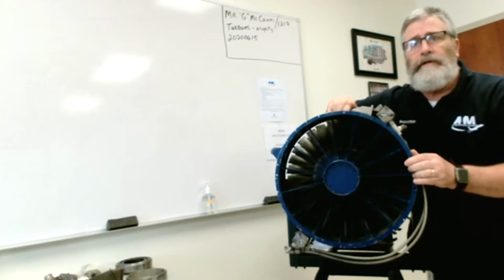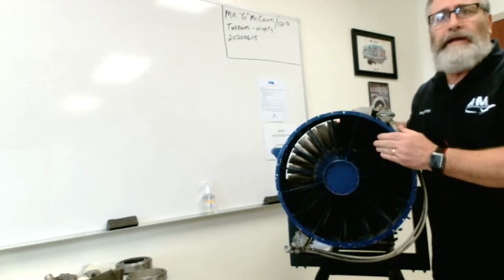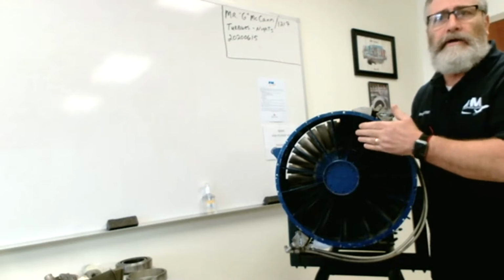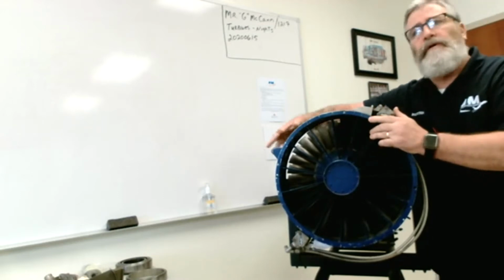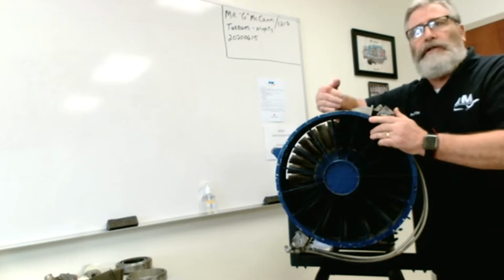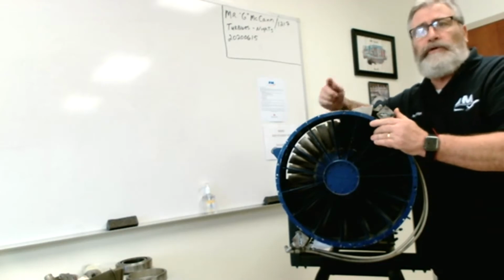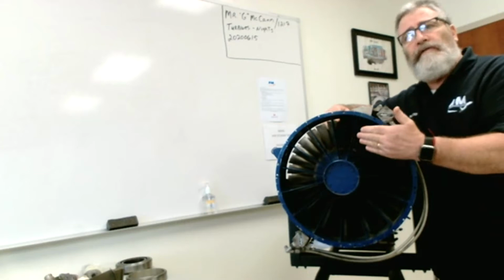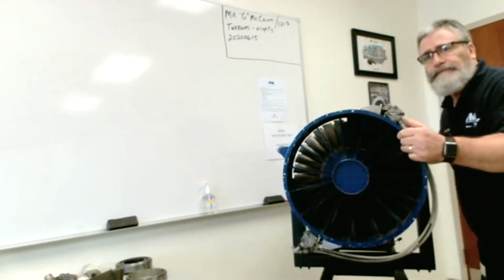If they are variable, they are considered variable inlet guide vanes, and the advantage is that it helps the engine start, directing the air at the optimum angle. It also works in conjunction with the bleed valve that would be open during start to unload the compressor, because we want the compressor to spool up as quickly as possible. So, inlet guide vanes or IGVs, variable inlet guide vanes or VIGVs.